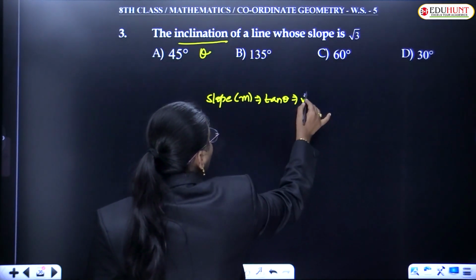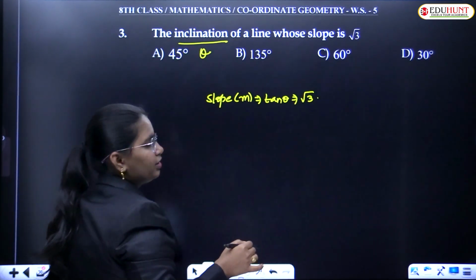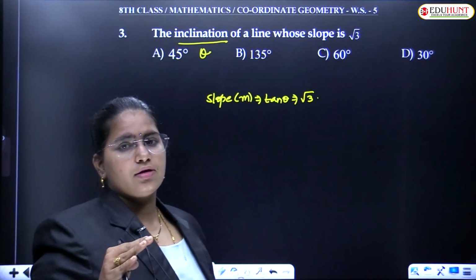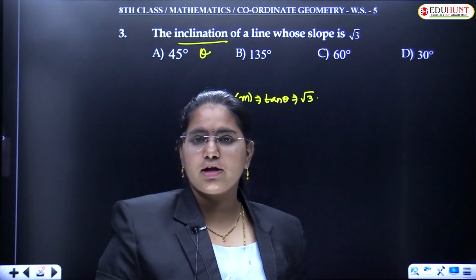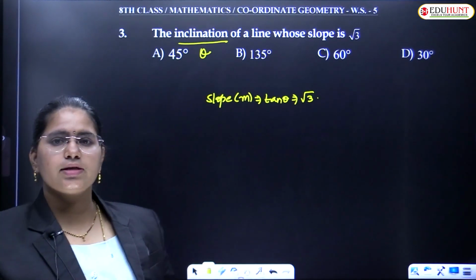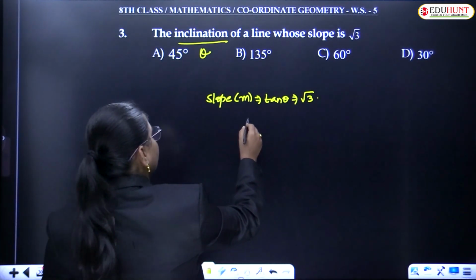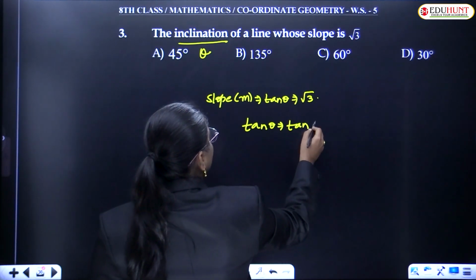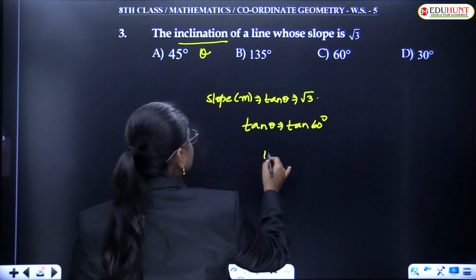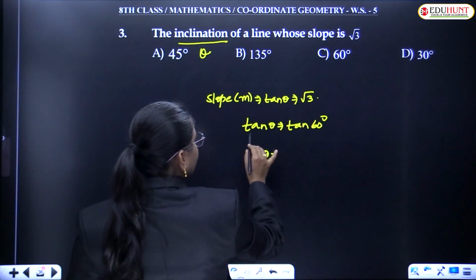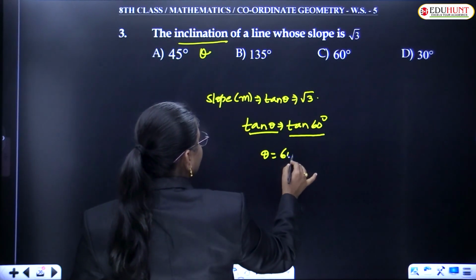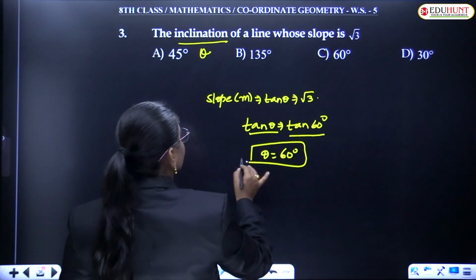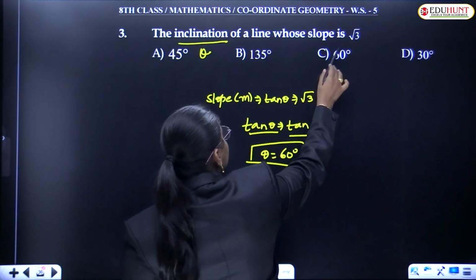Tan theta is equal to root 3 is given. At which particular angle will tan be root 3? Obviously it is 60 degrees. Tan theta is equal to tan 60 degrees. So what is the value of theta? If tan theta is equal to tan 60, theta is equal to 60 degrees. So what is the answer? It's option C.